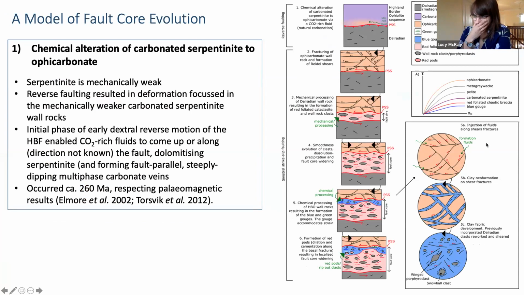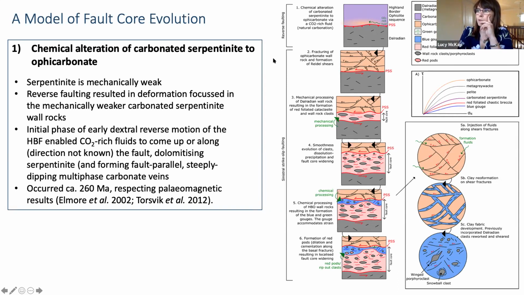So this is my summary of the history of the Highland Boundary Fault, at just the Stonehaven section only, which as you can see is quite complex. Let me briefly give a quick overview of what I think is happening. The first stage is the alteration of your purple unit on the map, which was that carbonated serpentinite with the fractures and the alteration halos, chemically altering that to your ophicarbonate, which was the orange unit with the carbonate veins.